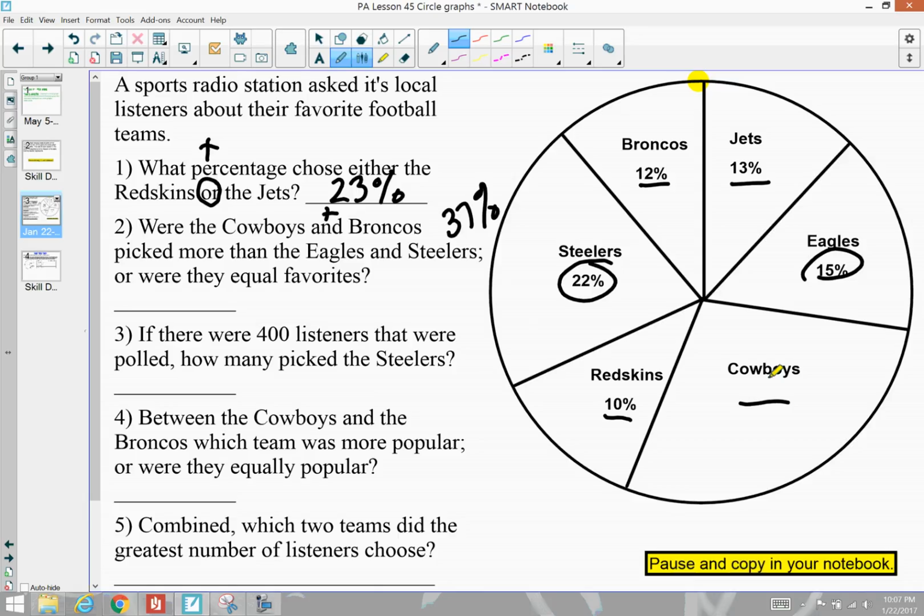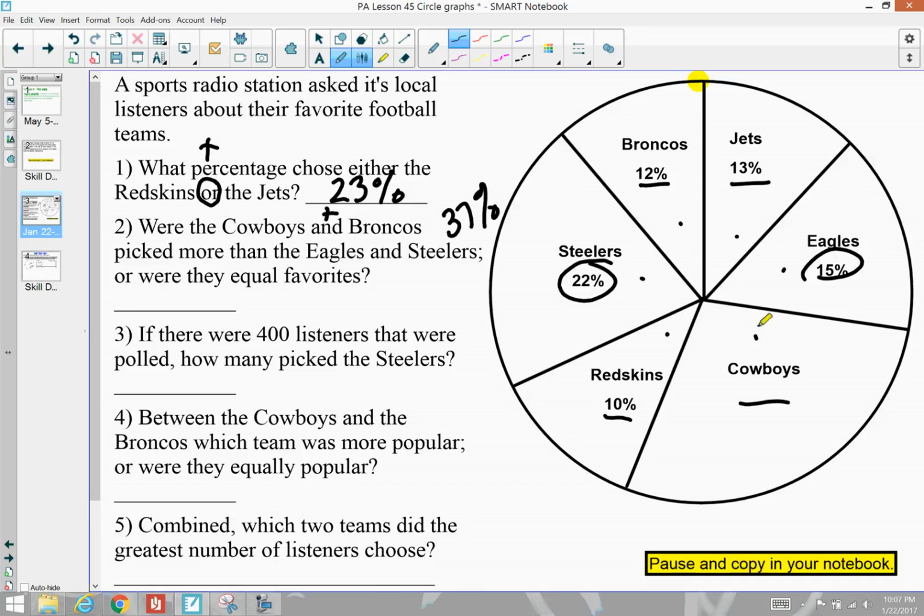We can add everything up, and we can subtract. We can add up all of these parts that were given to us and subtract it from 100 to find the Cowboys, however you want to do that. So I'm going to go onto the calculator, and I'm going to add up all of my values. 10%, 22%, 12%, 13%, and 15%. That gives me 72%.